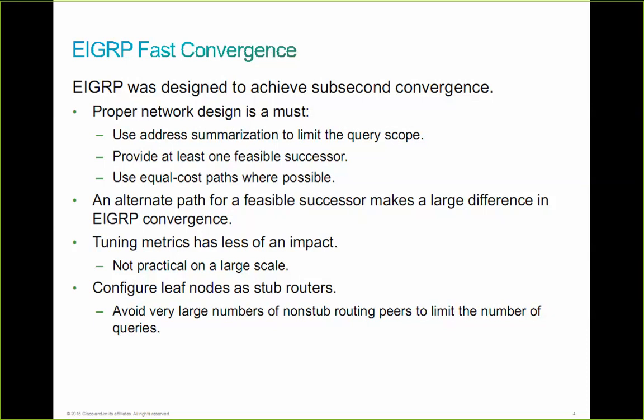We'll take a look at that stuff a little bit later on. Offset lists allow us to manipulate how metrics are presented to neighbors and how metrics are seen from our neighbors. So we can influence the actual metric values.